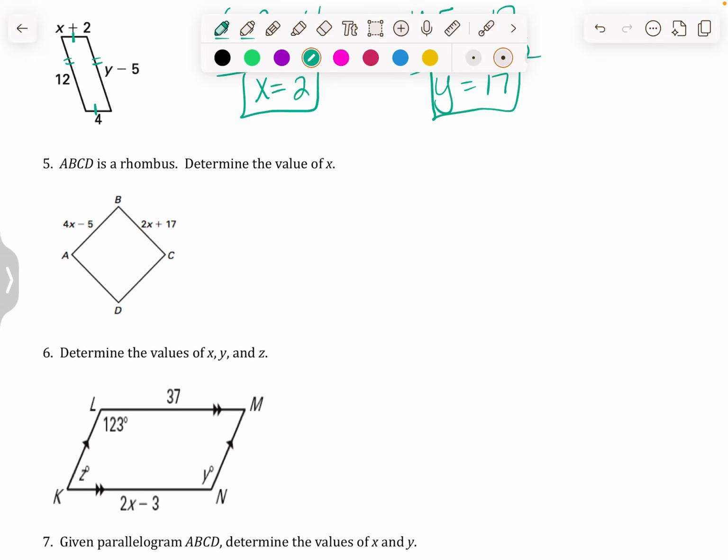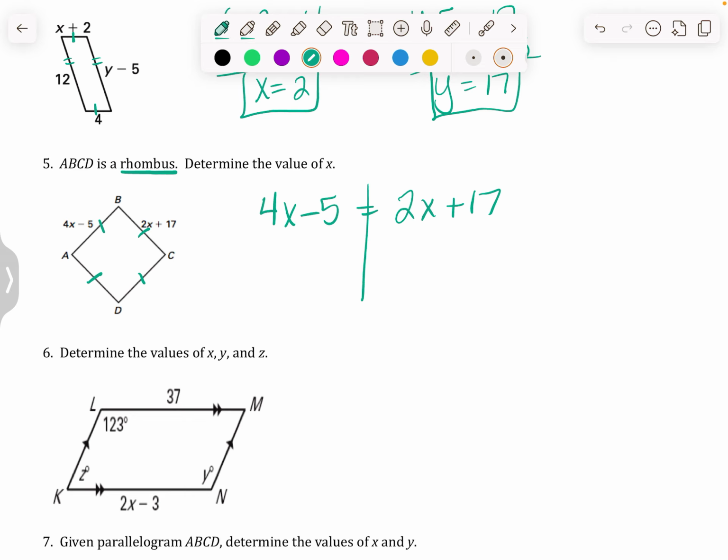If we have a parallelogram and it is identified to be a rhombus, we need to remember that in a rhombus, all of the sides are congruent, in which case the two sides that are given can be set equal to each other, and we can use that to solve for x.